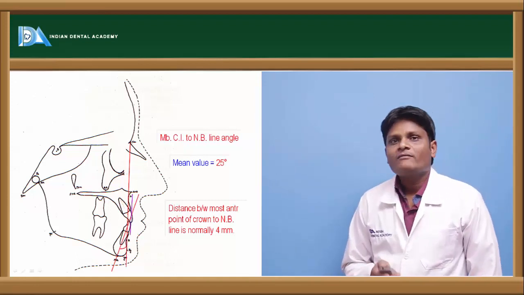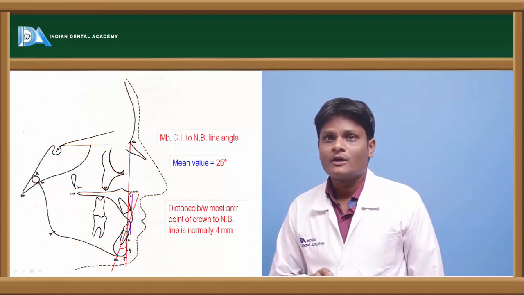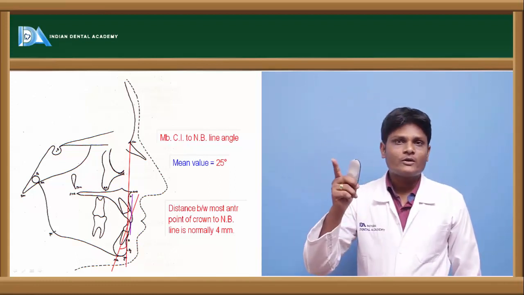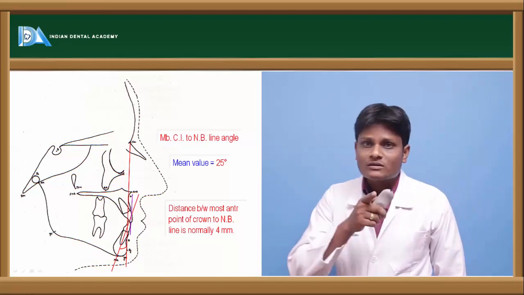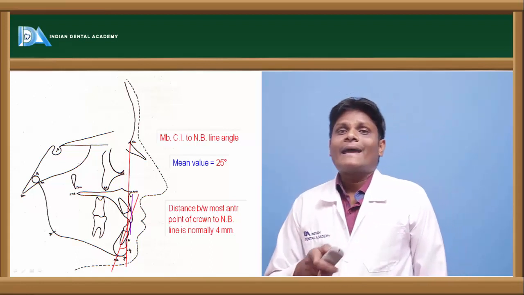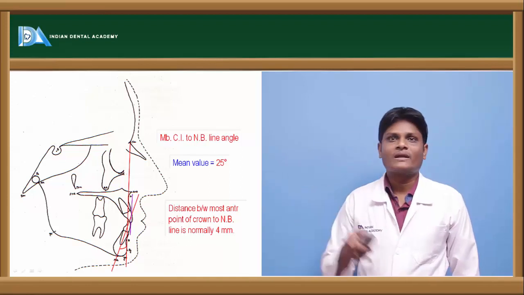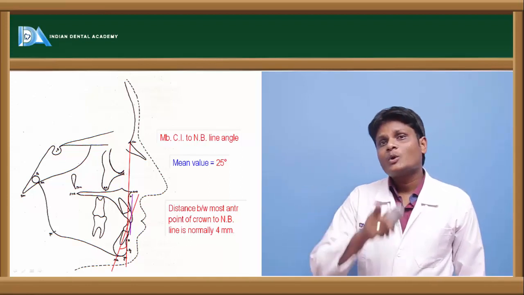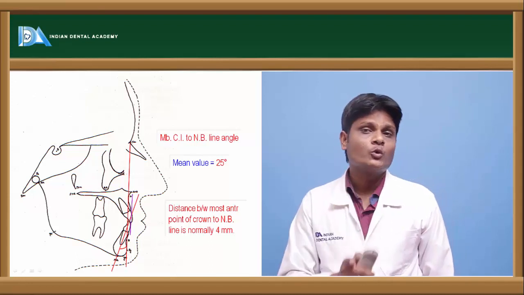Similarly, we have similar parameters for the mandibular incisor to the NB line. We draw a line connecting point N to point B. This is called the NB line, and we draw another line along the long axis of the lower incisor. Then we see the angle between these two lines, that is the long axis of the lower incisor and the NB line. Remember, these values are for a given A and B of 2 degrees.